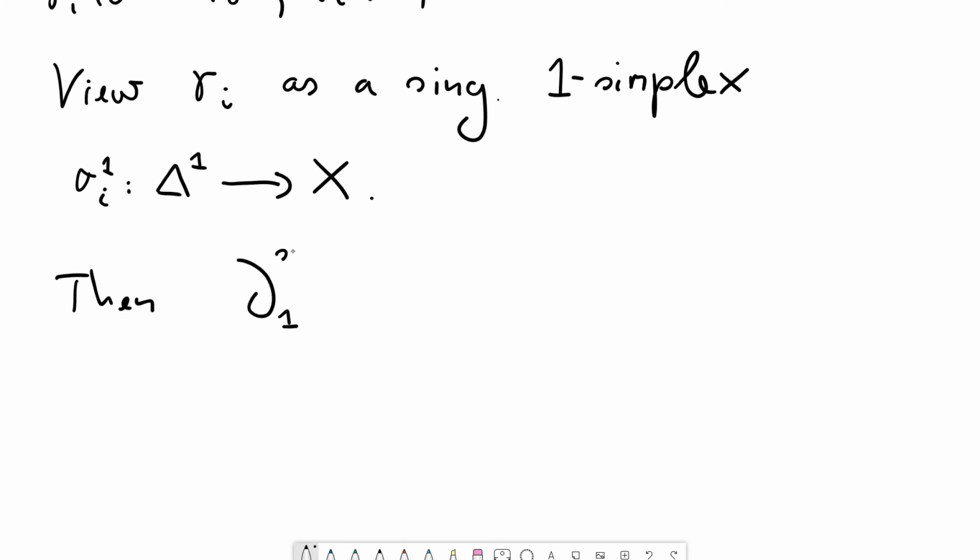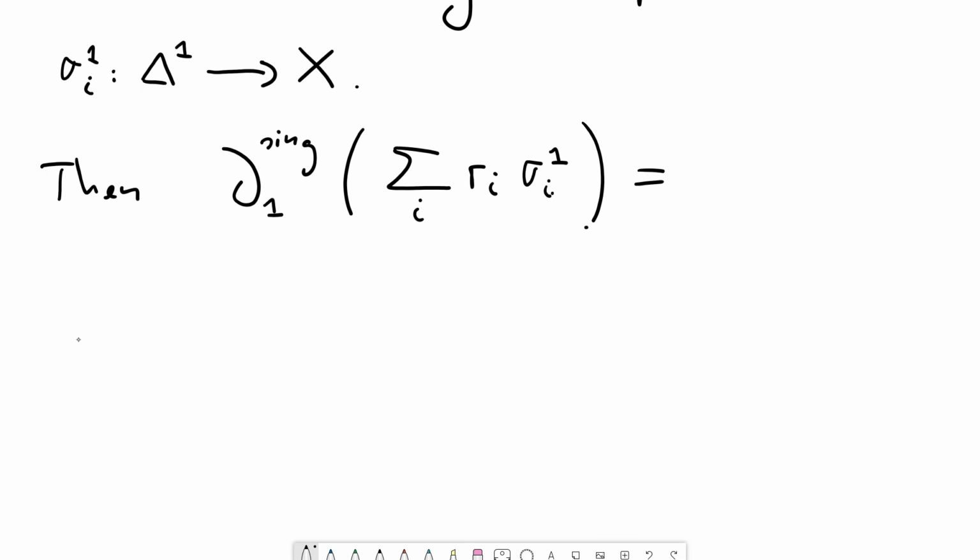D1 sing of the following one chain. I just take the sum over i of r_i, where these r_i are the coefficients from above, so the ones that were beforehand written in front of the zero simplices, and now I take my just constructed one simplices, sigma i1. Okay, let's do this calculation. On the one hand, I have the boundary of the one simplex that I get by omitting the zeroth vertex.